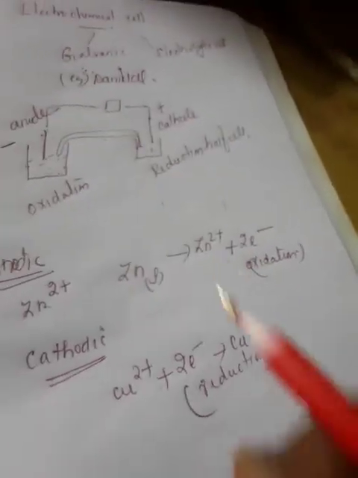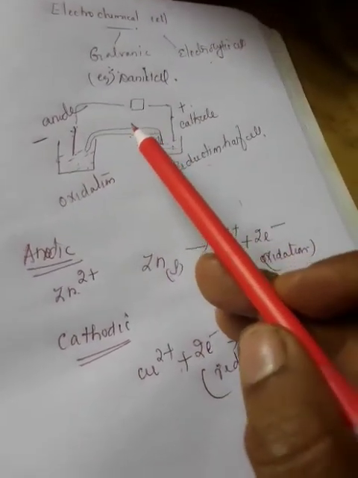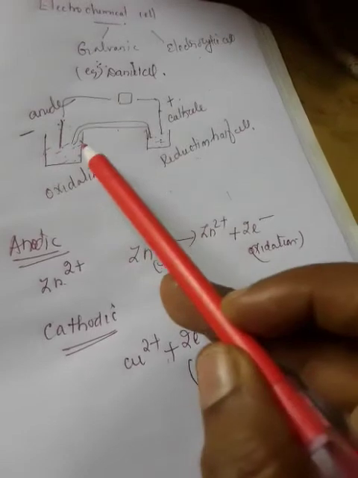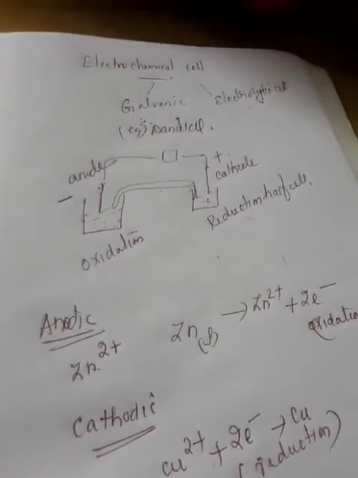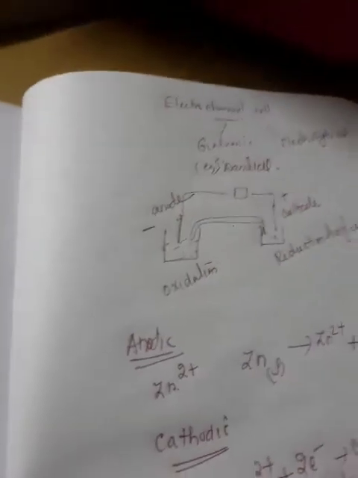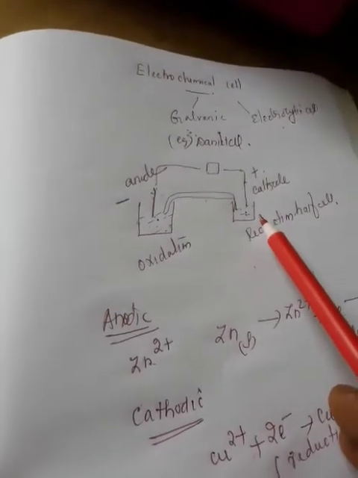Now, salt bridge. The electrolytes present in the two half cells are connected through the salt bridge. So, we know in the anode oxidation takes place, in the cathode reduction takes place.